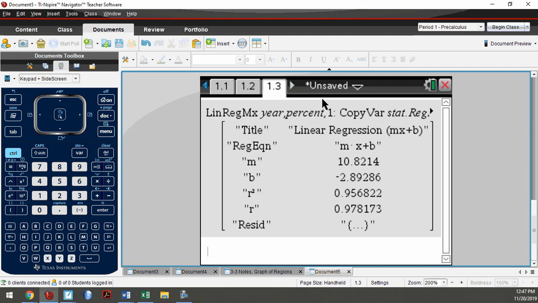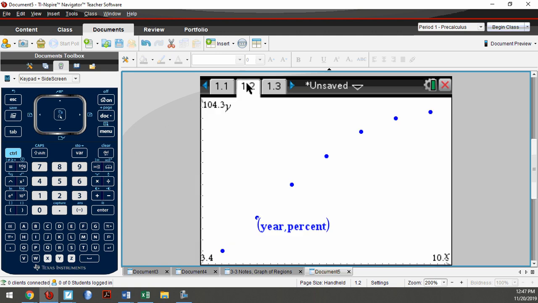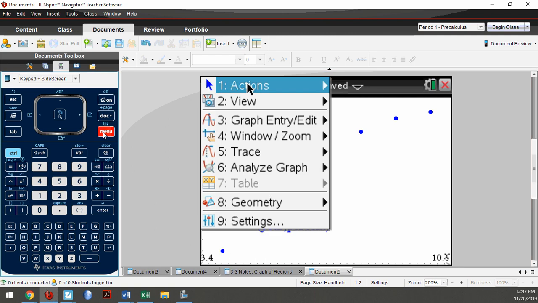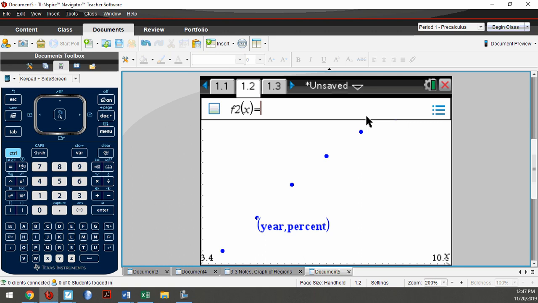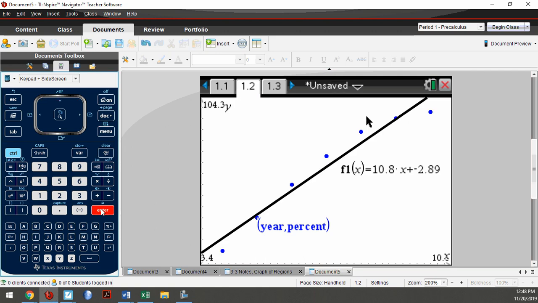Yes, so we're going to go back and graph this on 1.2 because I want to see how many of my points it hits. I'm going to hit Menu and Graph Entry, choose Function, and arrow up to F1 and activate it. How many points does it actually hit? 2 points. Is that very accurate? You have to arrow up to F1 to activate it.